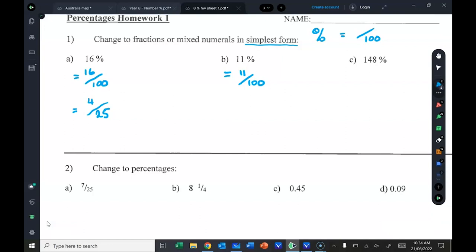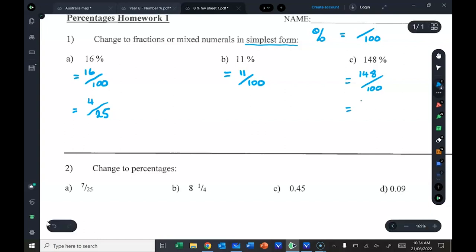Next one. This one is 148%, which means you've got more than a whole, okay? It's not really clear how we would simplify this one, so you might do it as a multiple step one. I can see they're both even numbers, so we might divide both of them by 2.